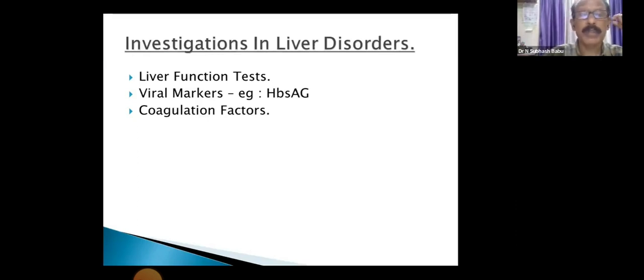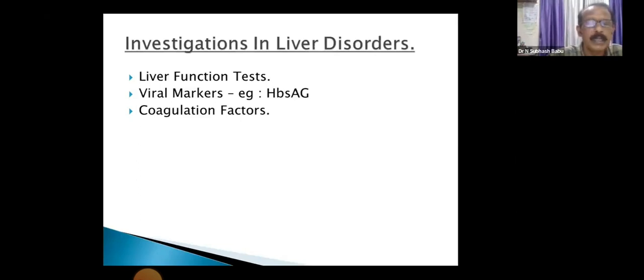Then comes the most important function of the liver, the synthesis function. The liver synthesizes protein, and among the proteins, albumin is most important. For example, if a patient comes to you with white nails and edema of the lower limbs, with pale yellow eyes and features of udara, then you have to see the liver function, and you assume that the synthesis of protein is disturbed in the liver.